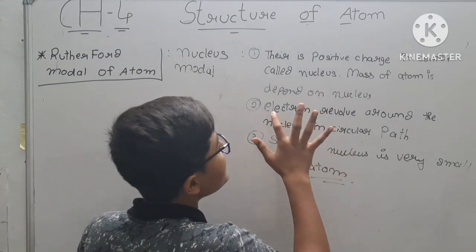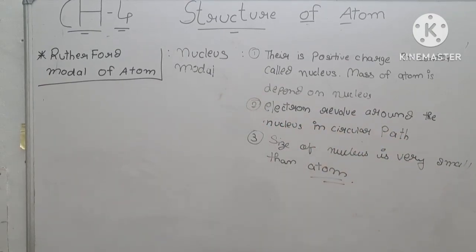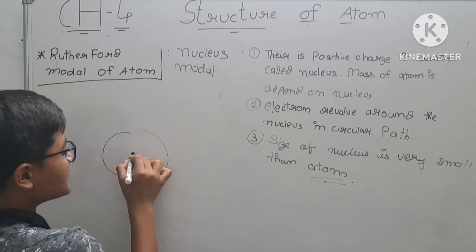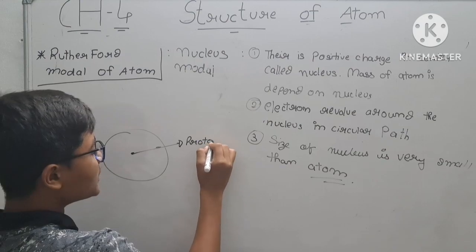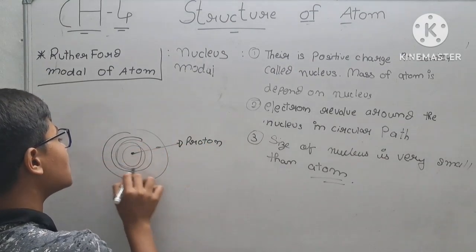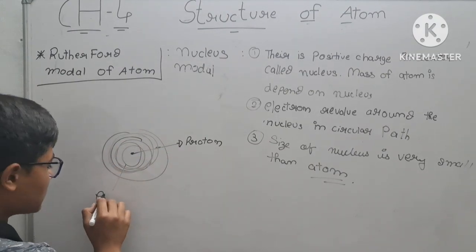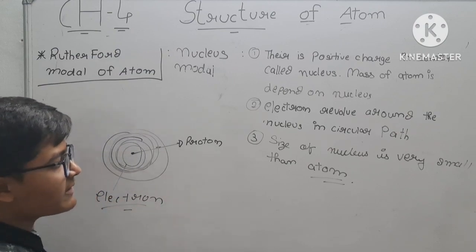And he said electrons revolve around the nucleus in a circular path. For example, this is the atom, this is the nucleus where protons are present, and electrons revolve around the nucleus.